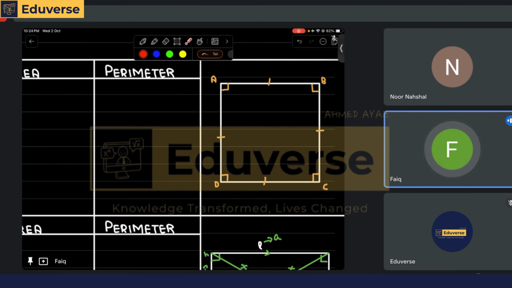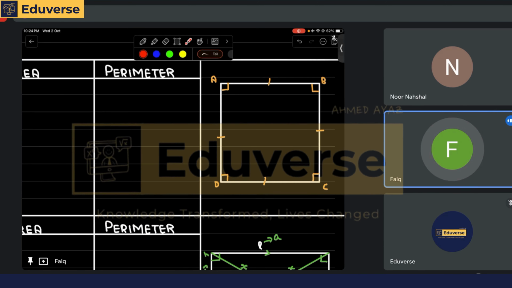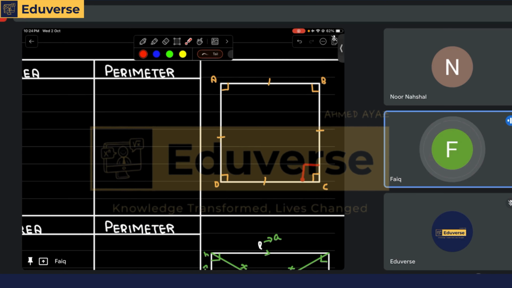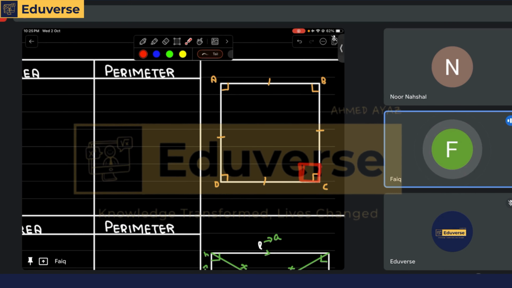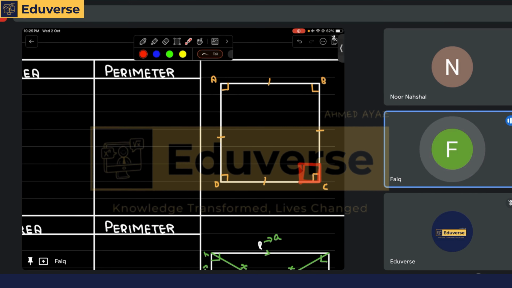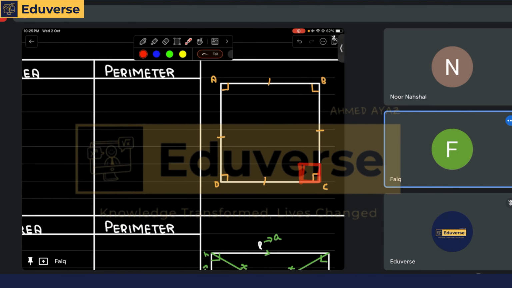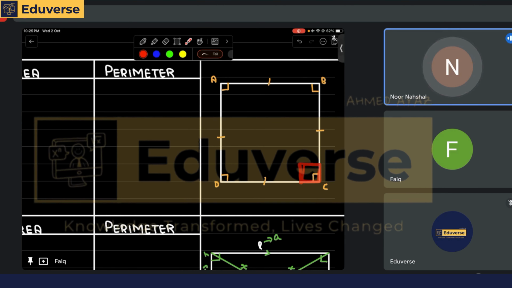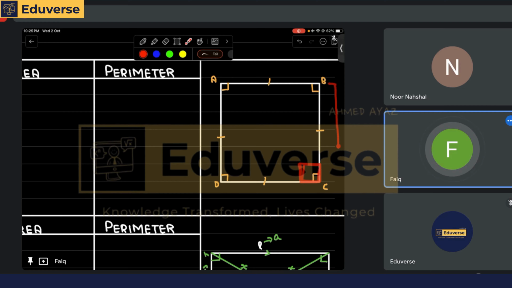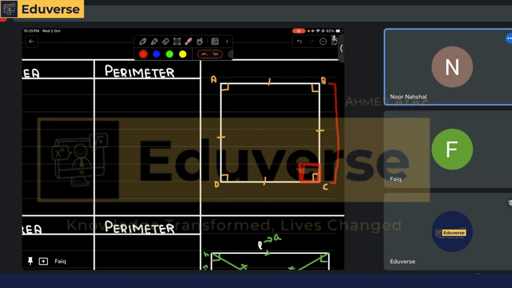So now let's try to move things a little bit further. If I ask you, Noor, if I'm using this angle, angle C, can you tell me which two sides are we going to multiply in order to get the area of a square? BC. Side BC. And what about the other one? DC. That is correct.